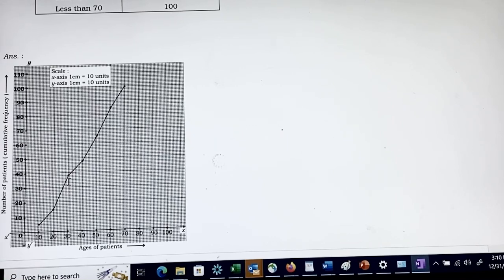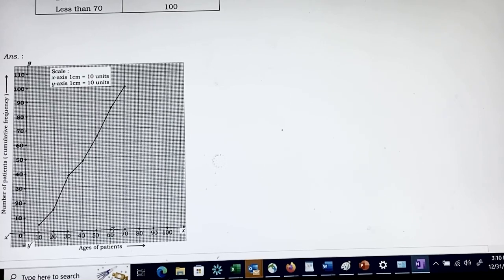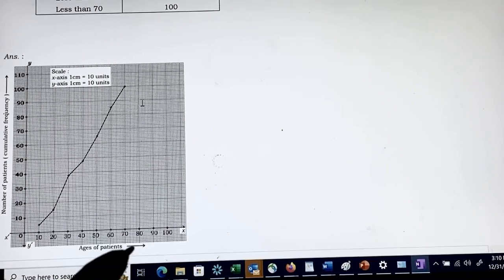Next is 40 from x-axis, 46 from y-axis. Next 50 is from x-axis and frequency is 65. 65 here, one dot. Next is 60 from x-axis and 84. See, 84 is y-axis. Next 70 is x-axis and 100 is y-axis.